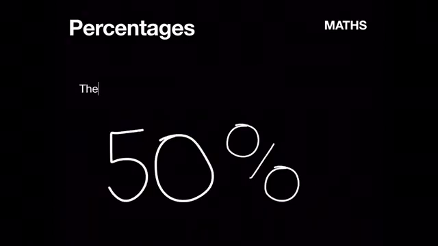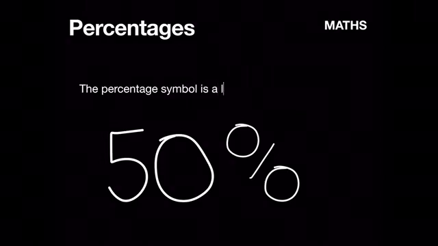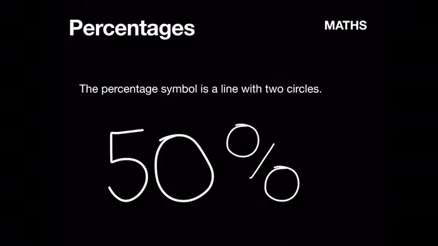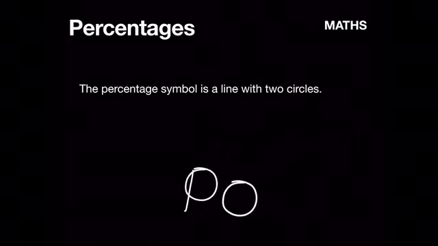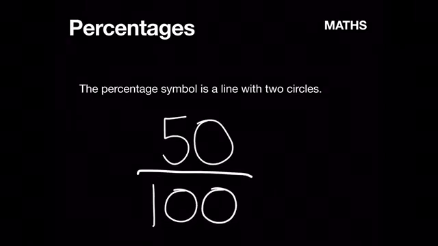The percentage symbol is a line with two circles, as you know. But there's a reason why it's a line and two circles. The word percent means for each 100. So 50% means 50 out of each 100, or 50 over 100, 50 hundredths.